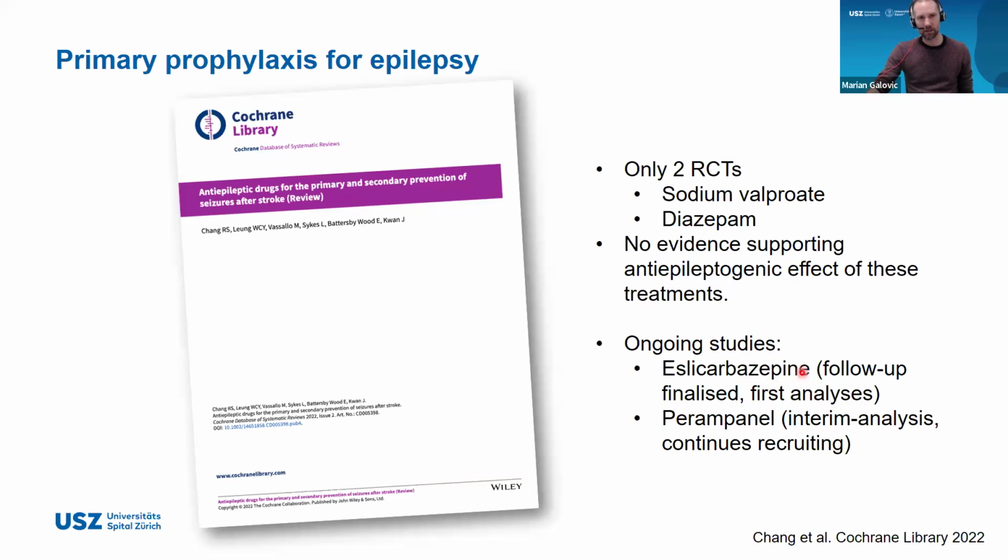For the eslicarbazepine trial, the follow-up has been finalized, and the first analyses have been performed, and I saw those, and they're quite interesting, I must say. For propranolol, I saw the interim analysis. It's also very, very exciting, but the study continues recruiting, so we'll see what the final results will be like.